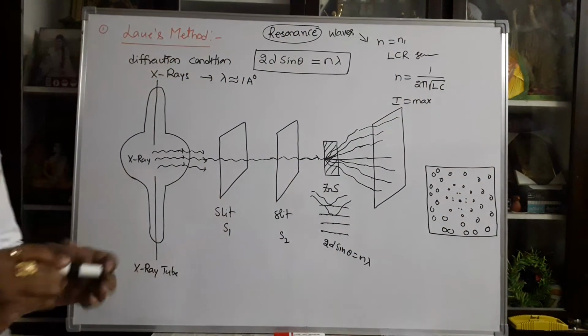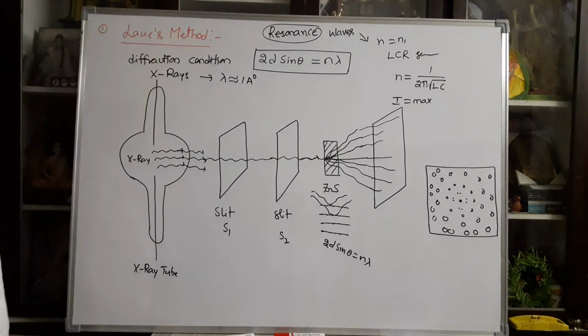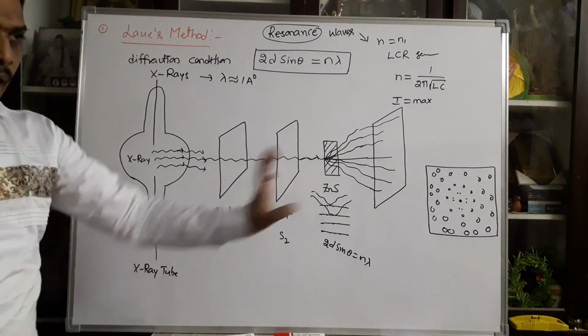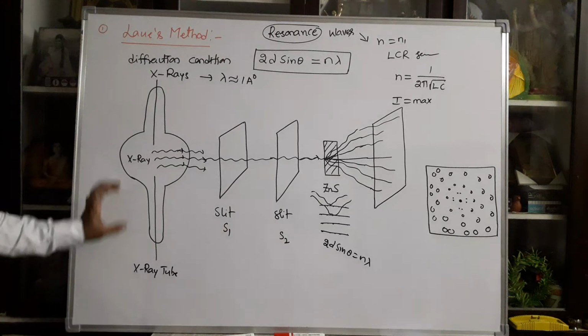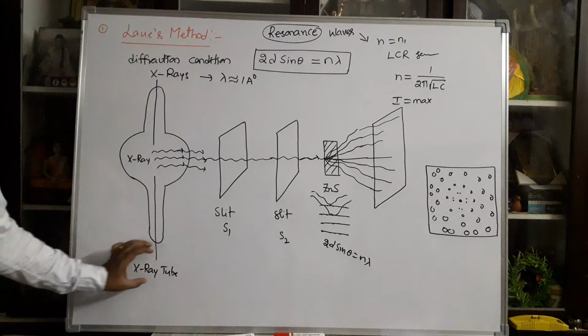This is the complete experimental arrangement of the Laue method. In this Laue method, what are the main apparatus used? First, X-rays are required, and those X-rays are produced by using the X-ray tube.